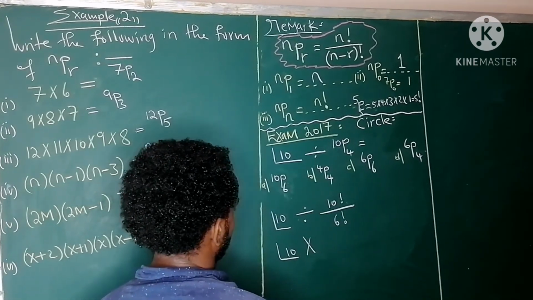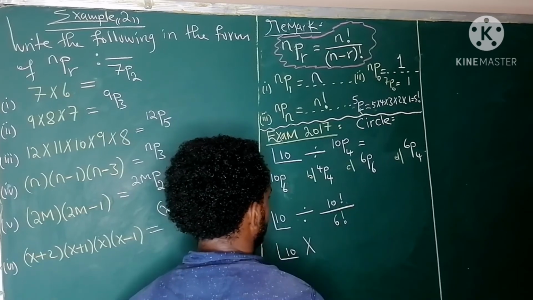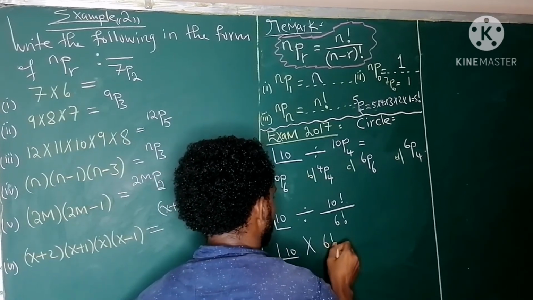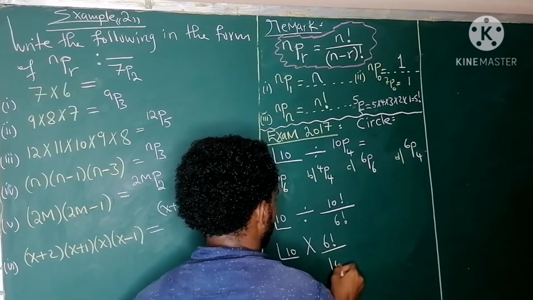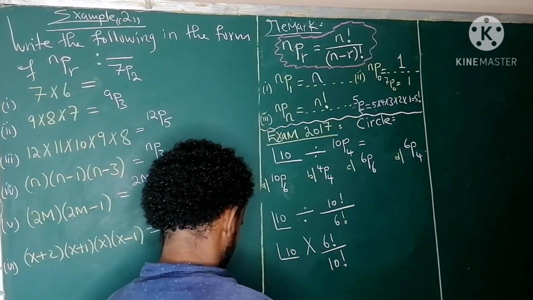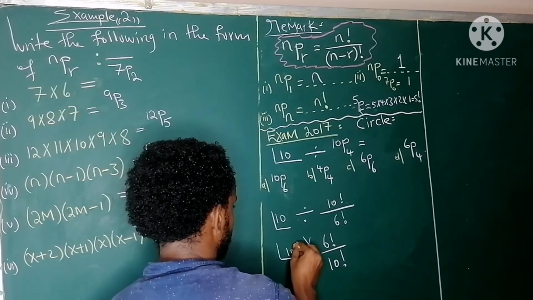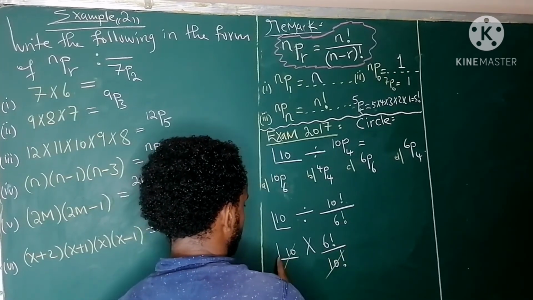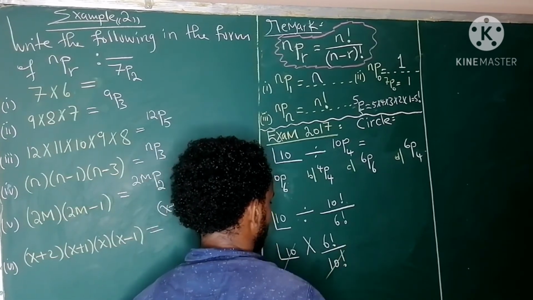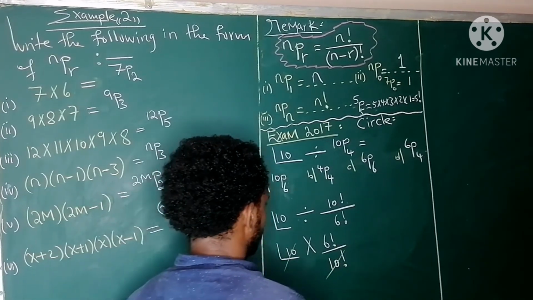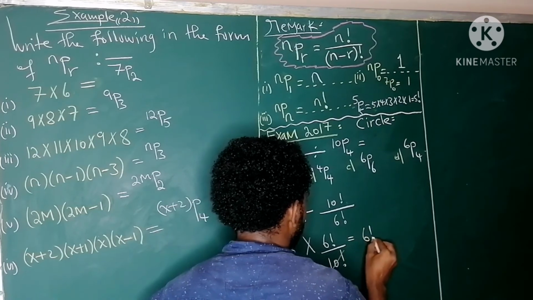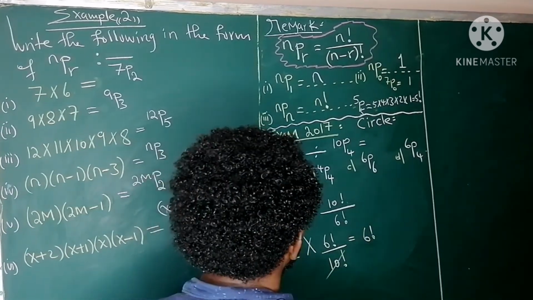We can change it to multiplication, and then we reverse this fraction to become 6 factorial divided by 10 factorial. It is very clear that this and this cancel. By the way, this sign is factorial and even this sign is factorial. Equal 6 factorial. So our answer is 6 factorial.